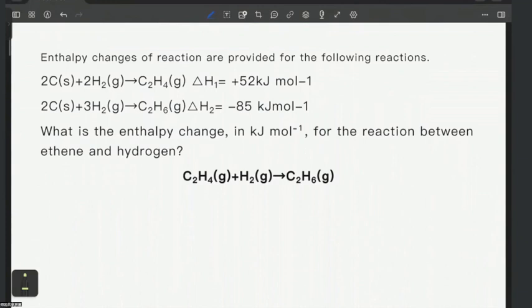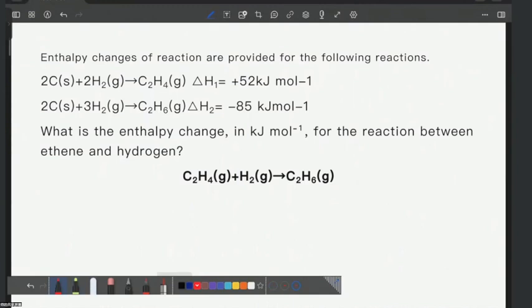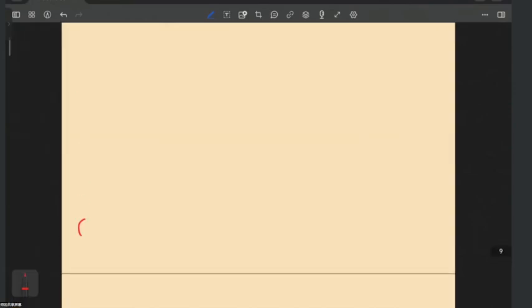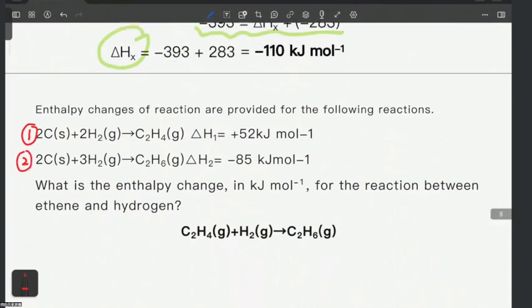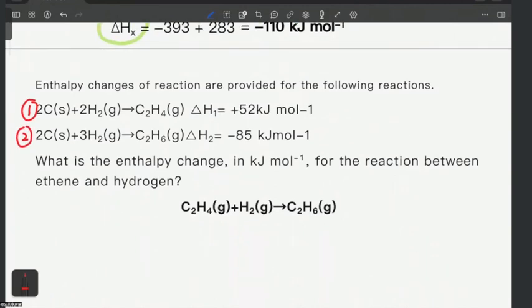This one looks a little bit difficult, isn't it? Let's use the knowledge we learned from before. First, we can use number 1 and number 2 to represent the two equations, right? We can flip the first one.